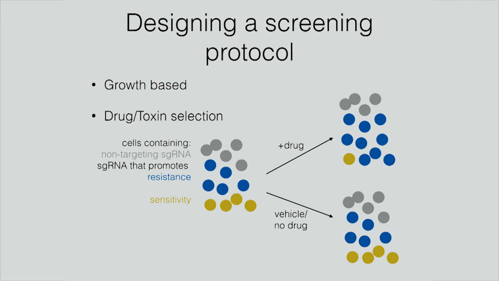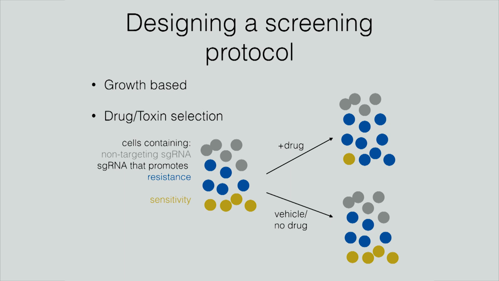Or you treat with drug, and your population will evolve to one that is dominated by genes that, when knocked down, are resistant to your drug of interest, or when knocked down, have a synthetic lethality relationship with that drug, that really synergistically die when targeted with the drug.